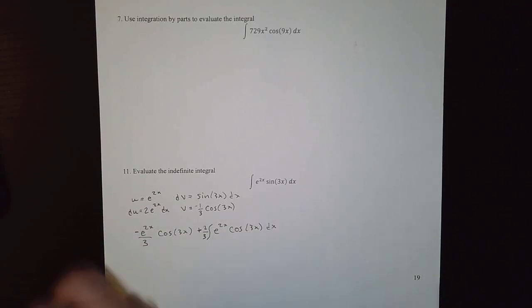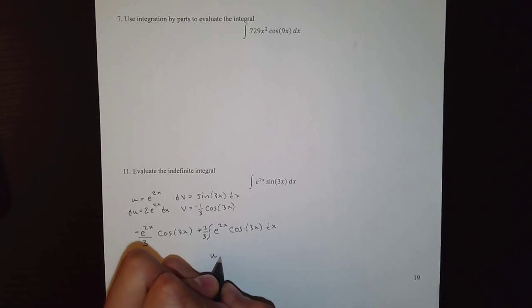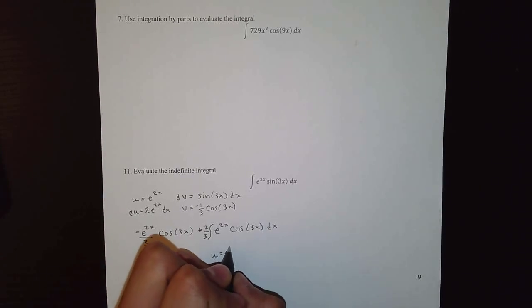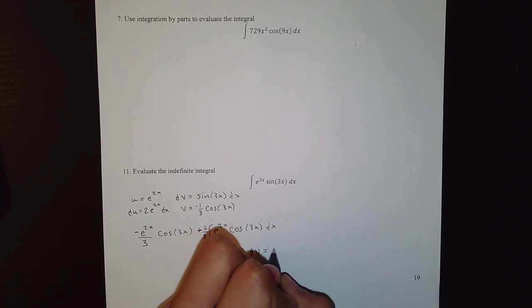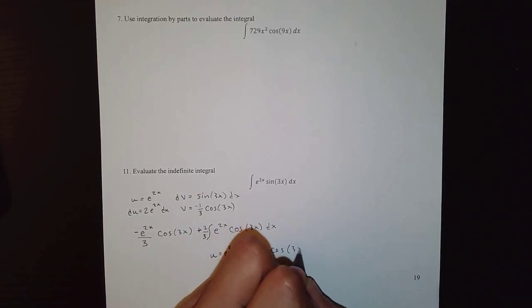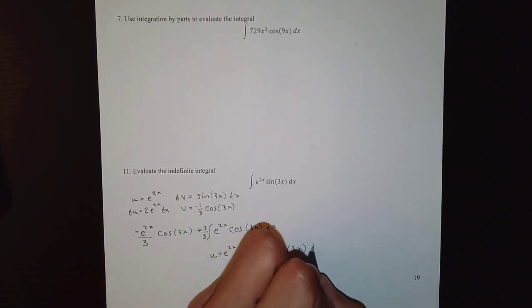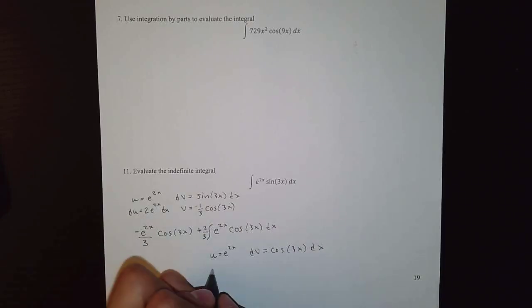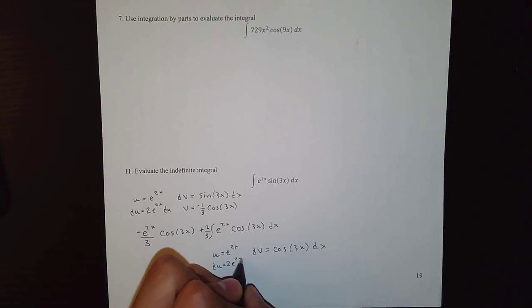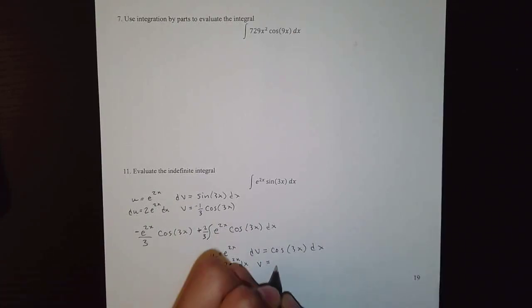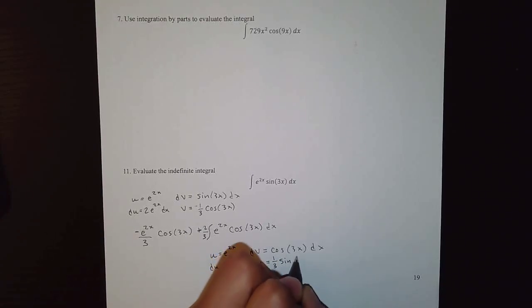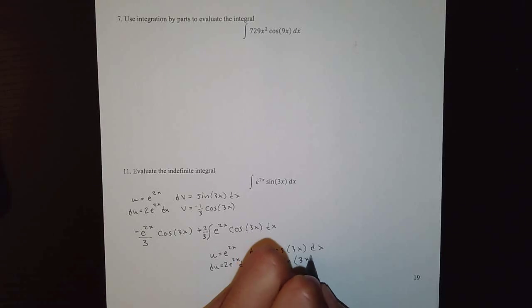And so we'll let u equal e to the power of 2x, and then dv would equal cosine of 3x dx. And so our du would be 2e to the 2x dx, and then our v would become 1/3 sine of 3x.